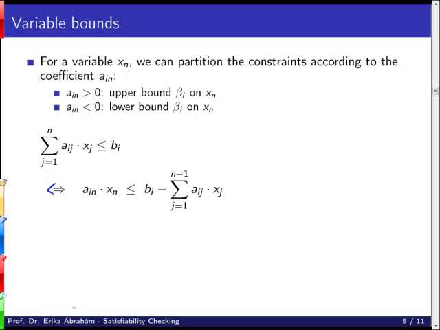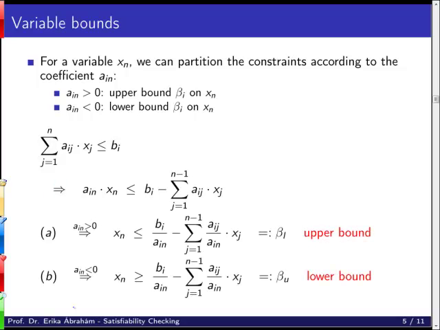And then I must check this coefficient. This coefficient can be positive or negative. So if this coefficient is positive, then I can divide by the coefficient, getting an upper bound on my variable xn. If it is negative, then I get a lower bound on xn. What happens if this coefficient is 0?